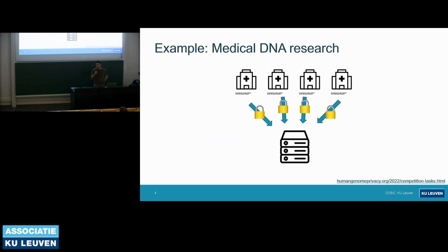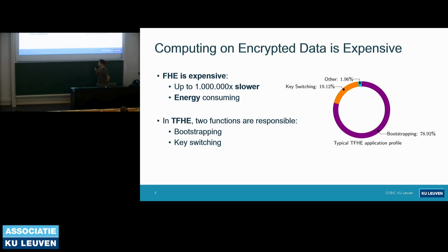On the slide here is shown a small example taken from the iDASH competition of last year, where there were clients sitting on sensitive genotype data, and the challenge was to compute a machine learning model on the encrypted data in this form. So this talk is about a hardware accelerator for fully homomorphic encryption.